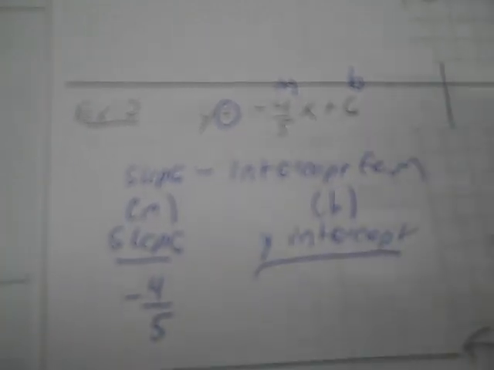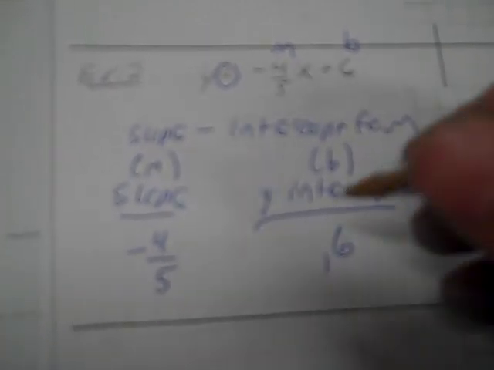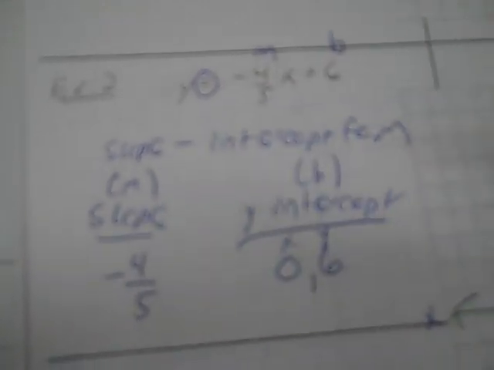And the y-intercept is 6, and then I put a comma with a 0 because that's a coordinate point. So I stay in the middle because it's x, y. x being 0 means I stay in the middle. I go up 1, 2, 3, 4, 5, 6. Now this makes sense. The logic behind it is that if x is 0, anything times 0 is 0 plus 6 is 6. And that's why that always is that way.